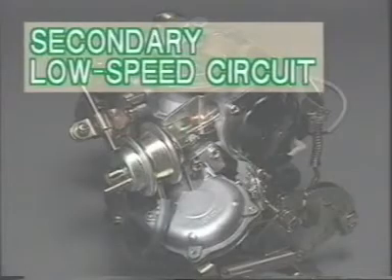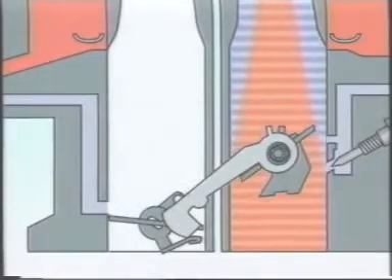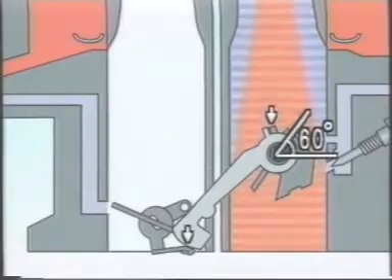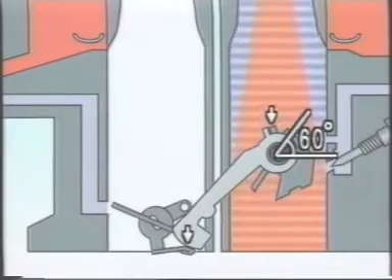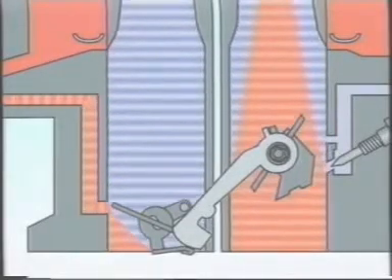Let's look at the secondary low-speed circuit for the secondary barrel. If the primary throttle valve opens more than 60 degrees, the cam in the kick-up system will force the secondary throttle valve to open slightly. A vacuum is then created in the secondary slow port, causing fuel to be delivered to the intake manifold.